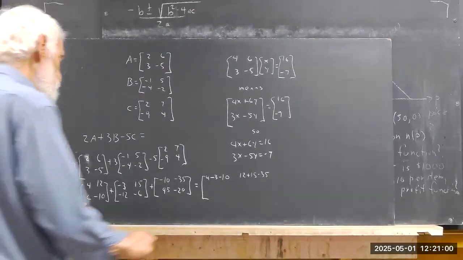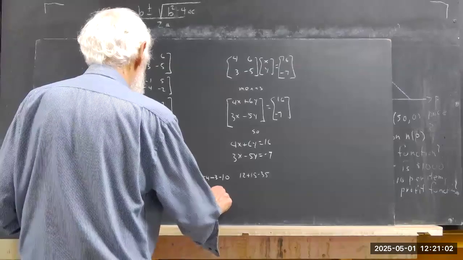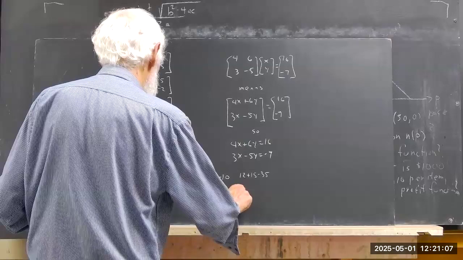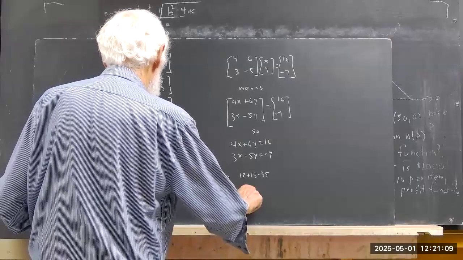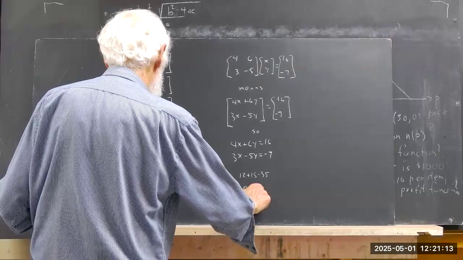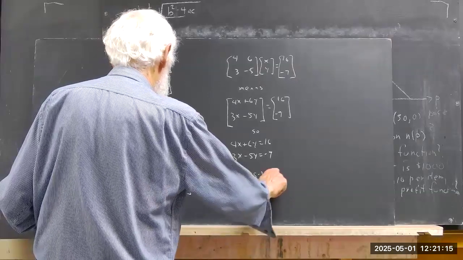And then we're going to get 6 minus 12 plus 45, and then -10, 6 minus 20.